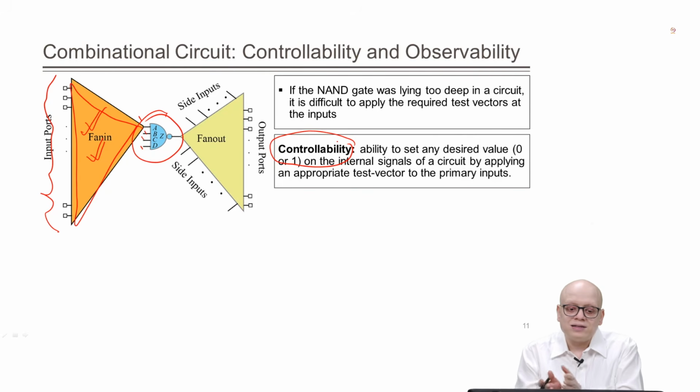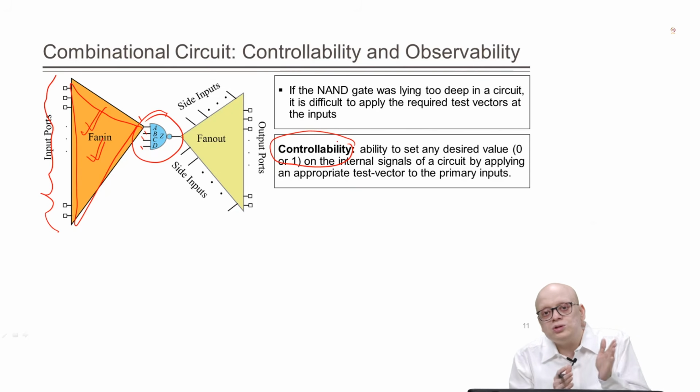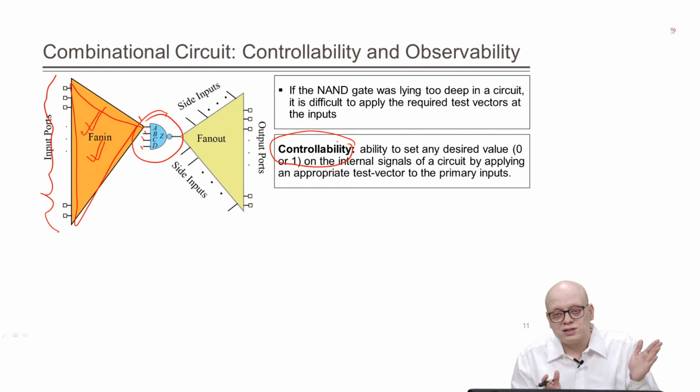For example, if this NAND gate was sitting very close to the input port, the controllability would have been higher. As it goes deeper into the logic structure, the controllability may become inferior, right.